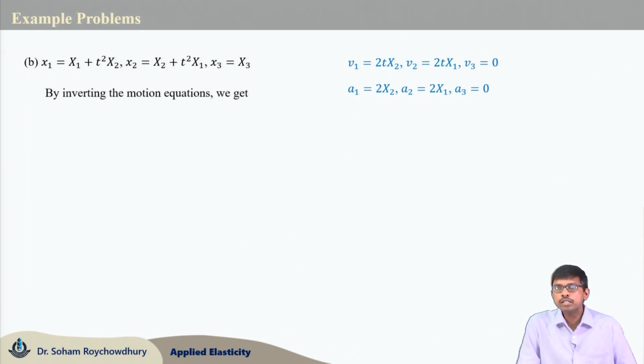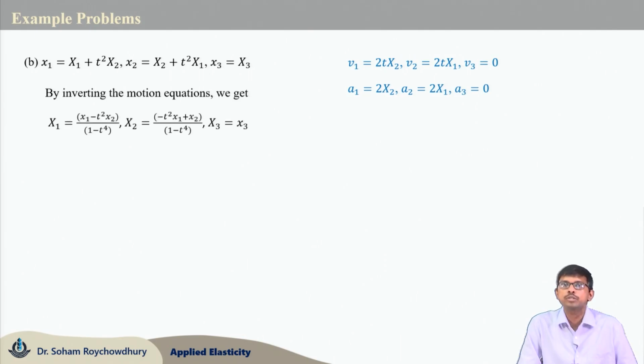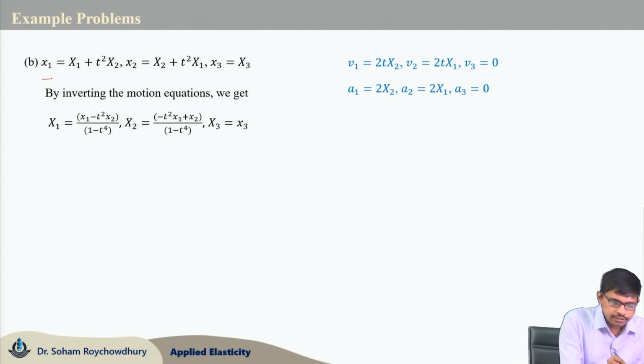Now if we want to take it back to the spatial configuration, spatial approach, then we need to invert these equations of motion and need to write capital X1, capital X2, capital X3 as functions of small x1, small x2 and small x3.